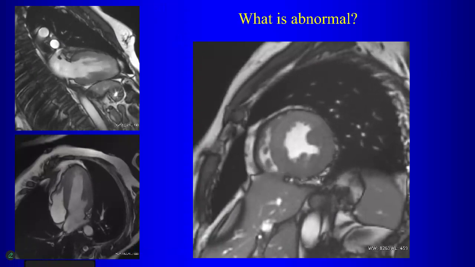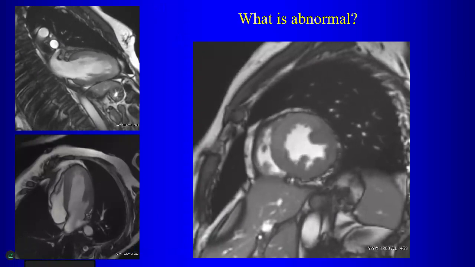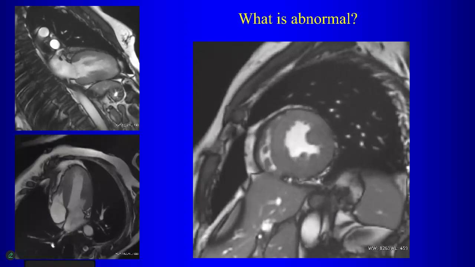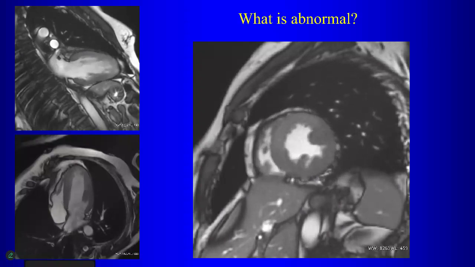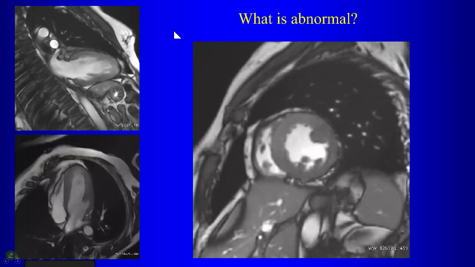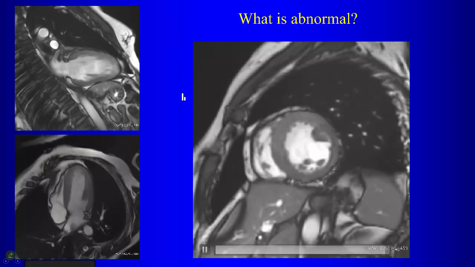Motion. Motion, right? So before you get to that, you might look at chamber size, right? When you look at the chamber size, what do you notice? Left ventricular hypertrophy. Well, the size. Start with the size first. The left ventricle looks a little bit larger than it should be, right? Then you can look at the myocardial thickness. So there is some left ventricular hypertrophy here, okay?